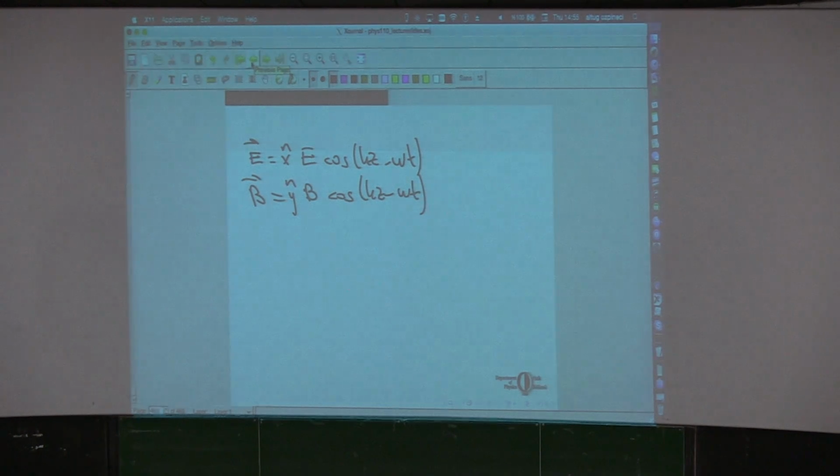Now, what is this equation to start with? This is what we call a wave. If you plot cosine of kz minus omega t, let's say at t equal to 0, with this as our z-axis, it looks like this.